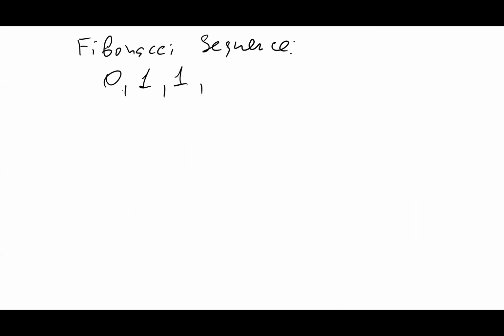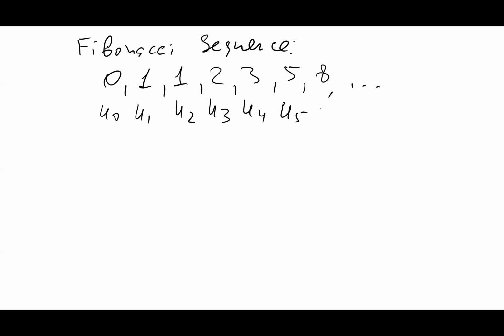So 0 and 1 are the two original numbers, and 0 plus 1 is 1, 1 plus 1 is 2, 1 plus 2 is 3, 2 plus 3 is 5, and then 8, and so on. So here this is u0, this is u1, this is u2, u3, u4, u5, and we know that un plus 1 equals un plus un minus 1. So this is our sequence.